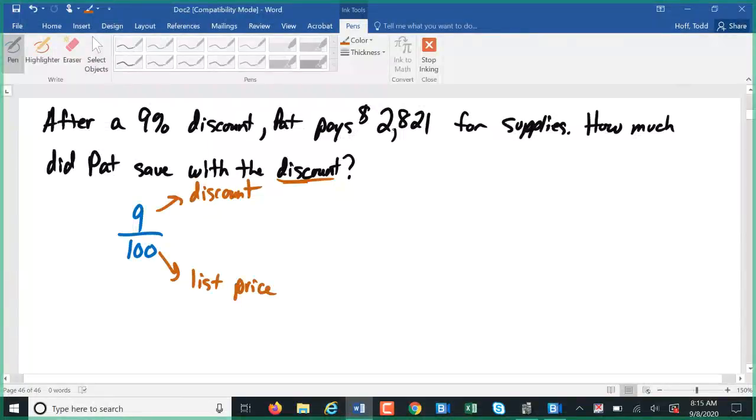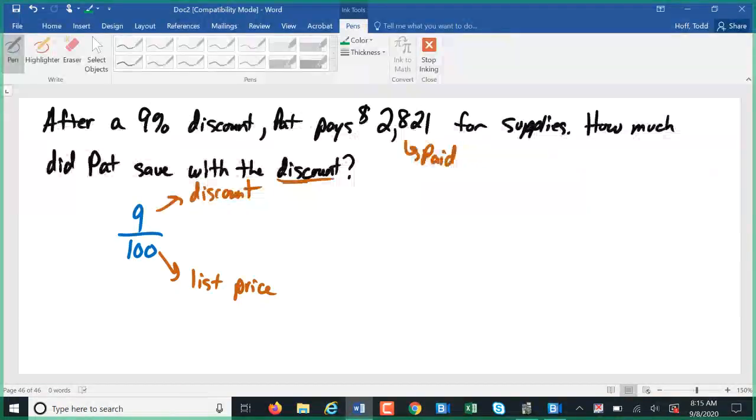The 2,821, that's the amount paid. That's after the discount. So the 9% doesn't help us here because we're not given either of the numbers that correspond to the 9% of the discount or the 100% of the list price.